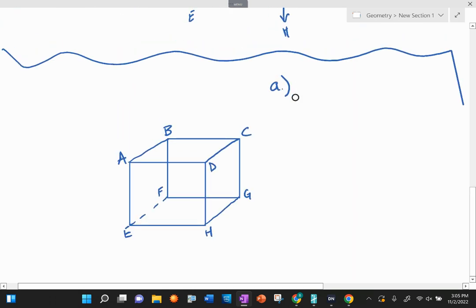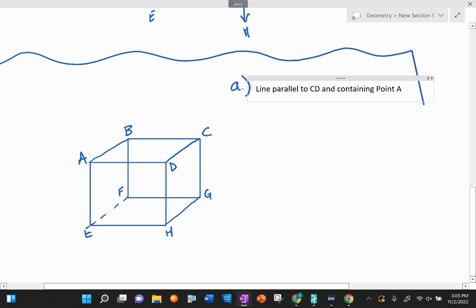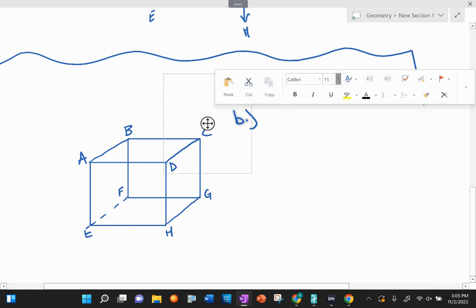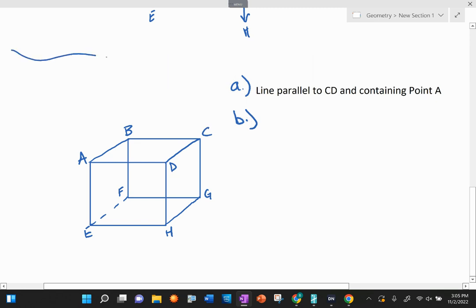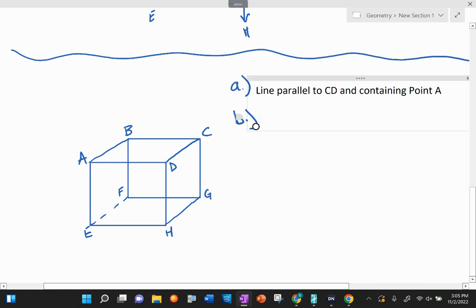Okay, so first, line parallel to CD and containing point A. And then we've got line skew to CD and containing point A.